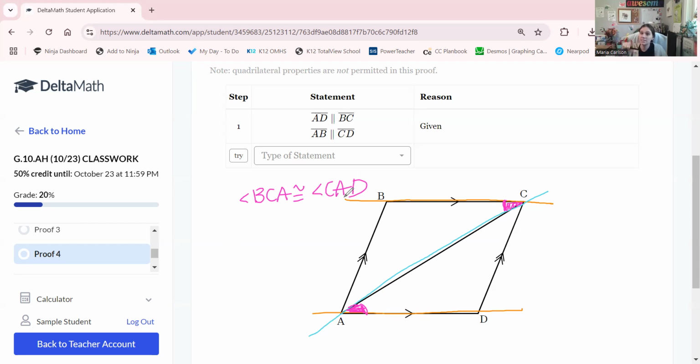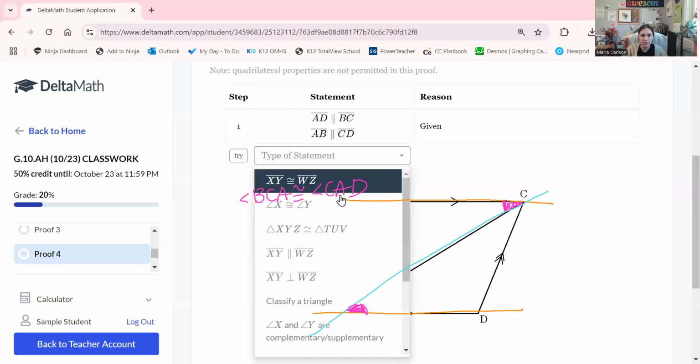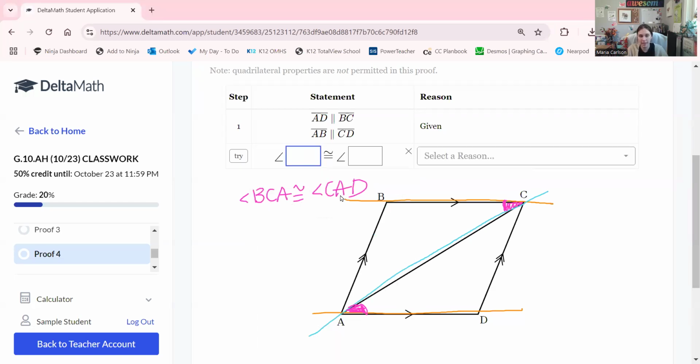And that's one set of angles in each of these two triangles. So let's start with that. I'm going to start by saying that two angles are congruent: angle X is congruent to angle Y, and our angles here are BCA and CAD.